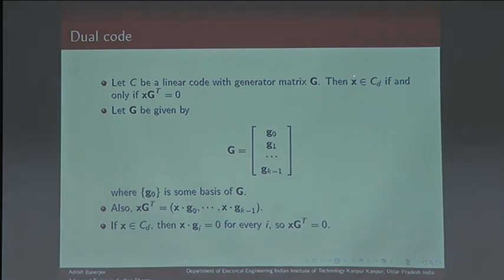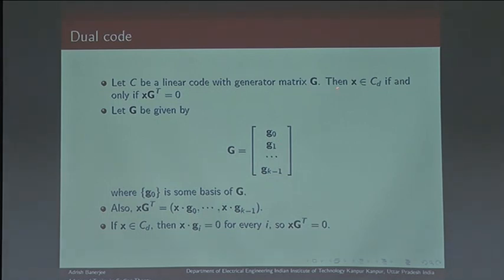It means if X belongs to this dual code, then this condition holds. And the second thing it means is if this condition holds, then X is in the dual code. So wherever you see this kind of statement, if and only if, you have to prove both. You have to prove first that if X belongs to this, then this happens, and you have to show if this happens, then this is true. So that's what we did.